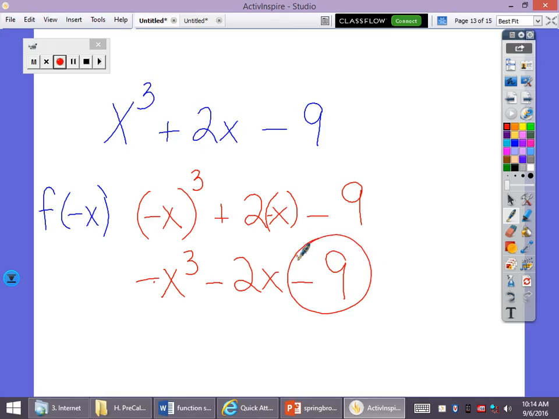Therefore, did everything stay the same? No. If they didn't all flip signs and they're not all the same, it is neither odd nor even. If every sign flips, it is odd. If every sign stays the same, it is even. Even Steven. Cool? All right.